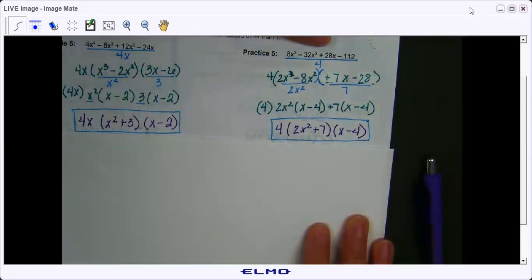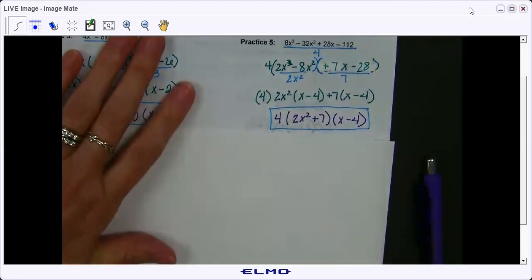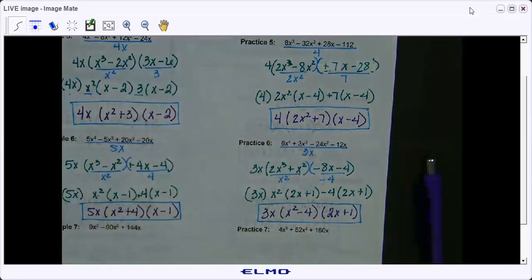There were no variables to take out. And that's a 3 right there. And then I went ahead and factored it out like I did before. And then here is the answer to practice 6. I was able to pull out a GCF of 3x from the whole polynomial before I factored by grouping.